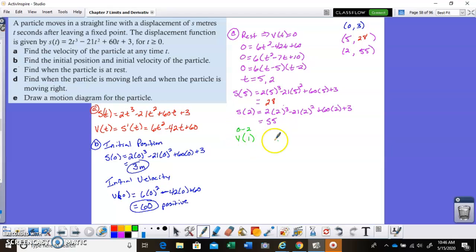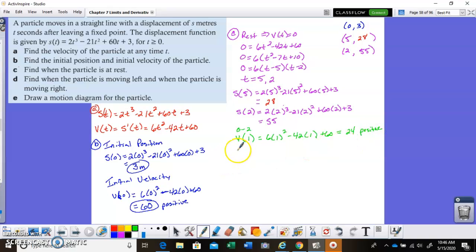That's why we did 1, okay? The velocity at 1 second, I'm going to use my velocity function, so that's 6(1) squared minus 42 times 1 plus 60. What I'm getting is the velocity at 1 is 24. And again, just like down here, what I want to pay attention to is that it's positive.